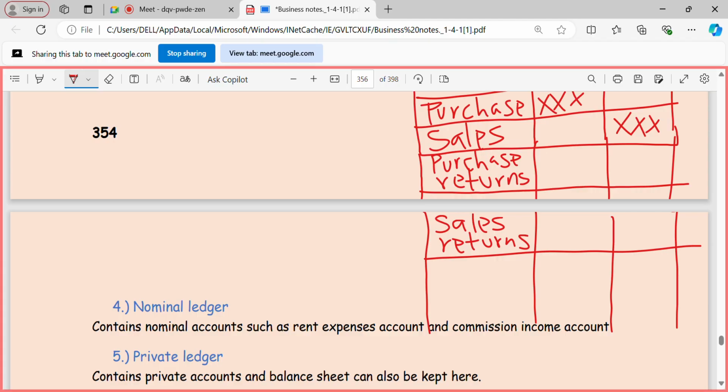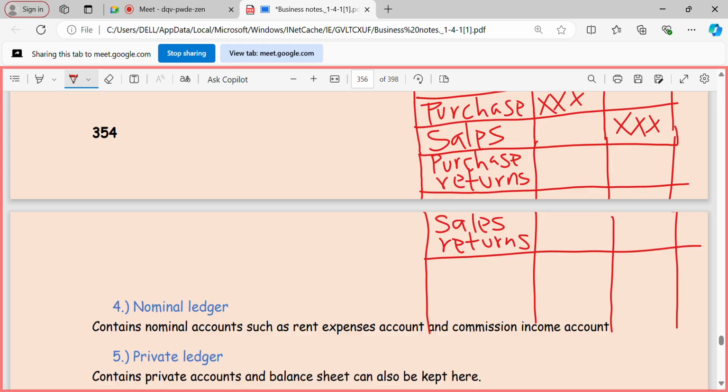Maybe they have given you excess quantity, or whatever they have given you is not of the right quality. So you bought it, but now you are returning it.